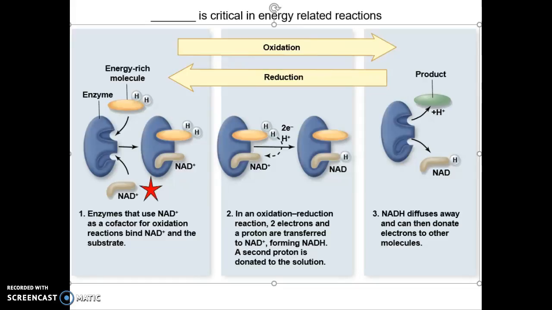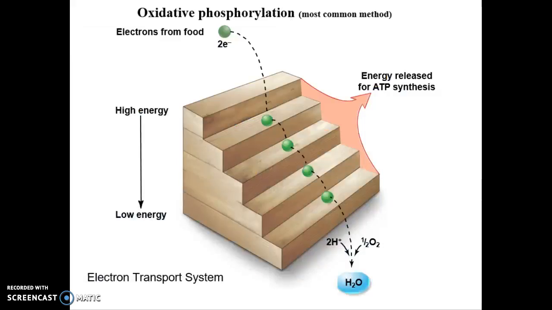Okay, so the process of oxidative phosphorylation is the most common pathway for this energy production, for this ATP production. The analogy is a series of steps. And electrons, so we talked about chemistry, protons, neutrons, electrons. Electrons have a negative charge.